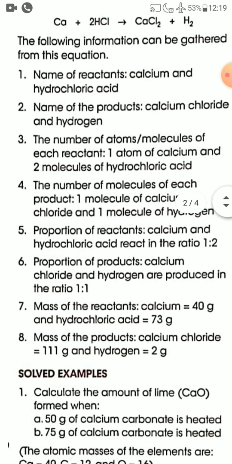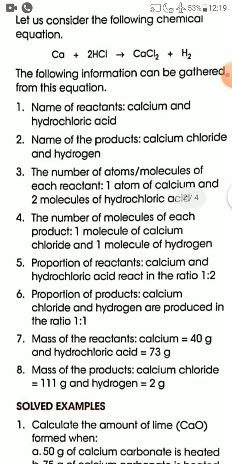And point number 6, proportion of products, that is, the proportion between calcium chloride and hydrogen gas. In this example, one calcium chloride molecule is formed and one hydrogen gas molecule is formed. So the proportion of products is 1:1, because calcium chloride and hydrogen are produced in the ratio of 1:1.